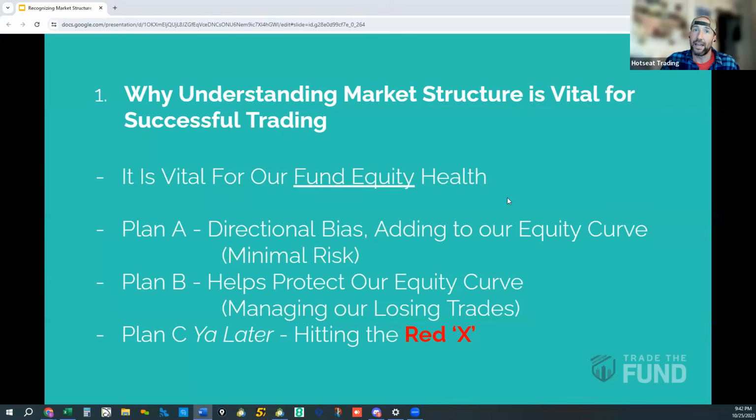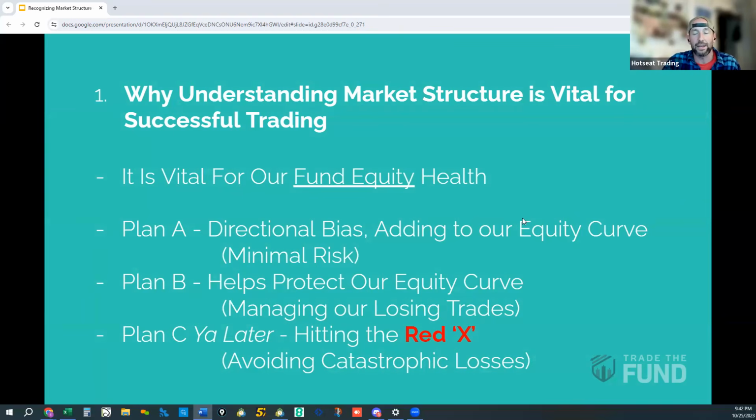And then, like we've said, plan see you later. This is our last ditch effort to contain our losses to be non-catastrophic. It can't be an account killer. That trade session's loss might cost us a day or two of profit. It might even cost us a week of profit, but it cannot be a risk out.